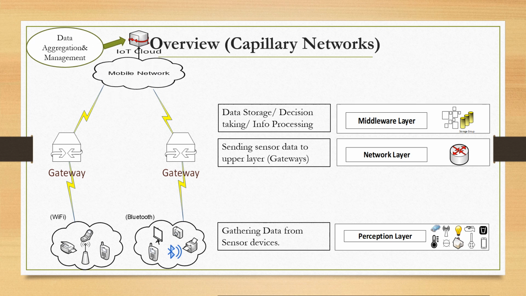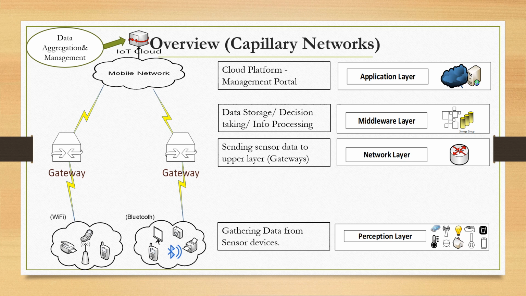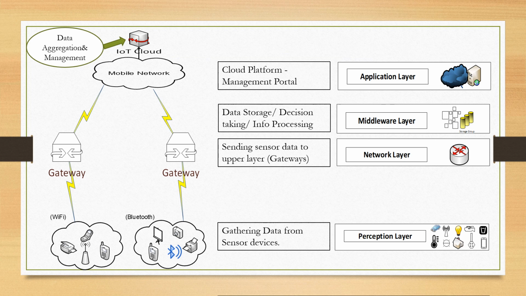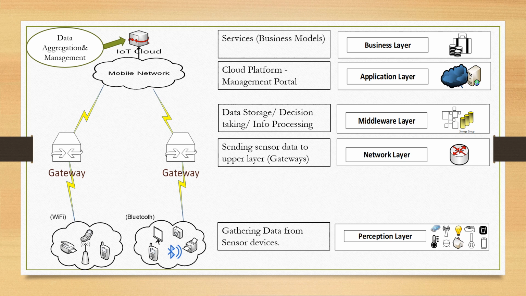And then we have the application layer, where the collected and analyzed information is presented to an end user, where we have the smart applications. And finally, we have the business layer, which is mainly about creating the business models. So the following structure corresponds to the layers that I just introduced.